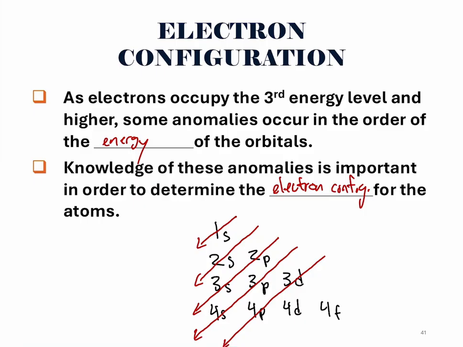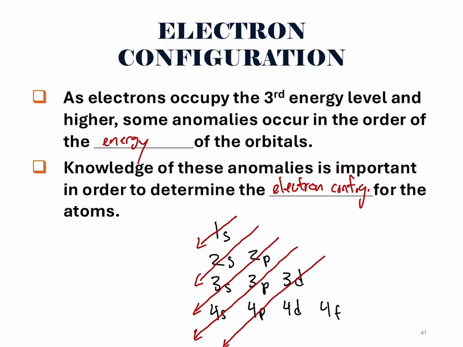And if you wrote 5s and then 6s, that would eventually give you the anomaly with the 4f, the f energy sublevel, where you fill in the 5s and then the 6s before you fill in the 4f, right? So with the d, it's easy because it's one less.